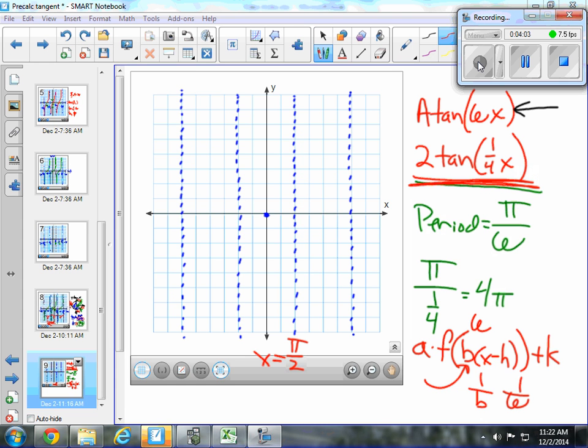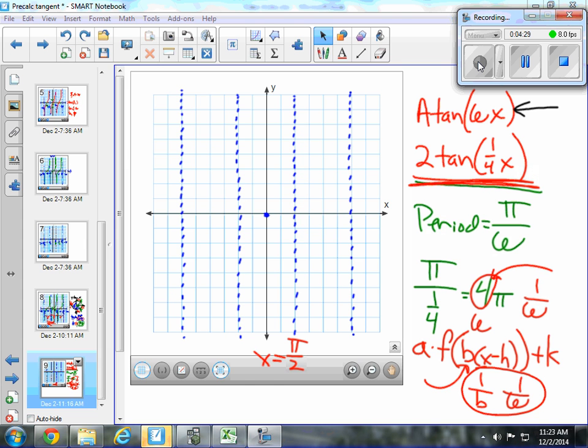And I can see that I have multiplied my period by 4. I have not multiplied it by 4 pi, and my period was initially pi. I've multiplied my period by 4 by 1 over omega. Just like I was doing before, 1 over b, it's 1 over omega. So I'm multiplying all of my x values by 1 over 4.